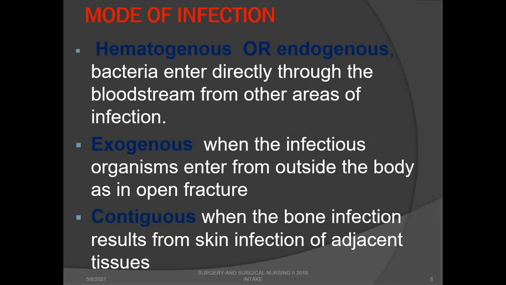Then exogenous, when the infectious organism enters from outside the body, as in an open fracture. Here I can give an example of a person who has fallen, or maybe they have been hit by a car, where the bone is fractured and it's an open fracture. So the bacteria can enter through that open fracture directly into the bone, causing osteomyelitis. Then contiguous. This is when the bone infection results from skin infection of adjacent tissues.